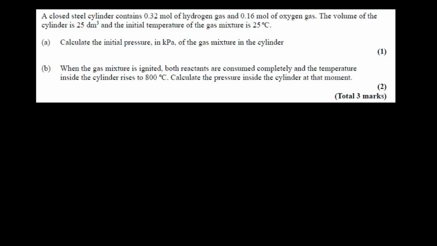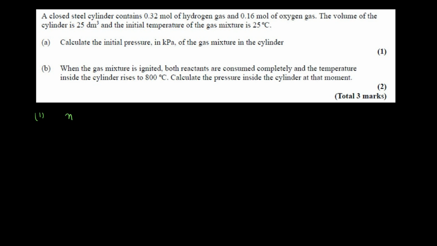So the question is, a closed steel cylinder contains 0.32 mole of hydrogen gas and 0.16 mole of oxygen gas. The volume of the cylinder is 25 dm cube and the initial temperature of the gas mixture is 25 degrees Celsius. Calculate the initial pressure of the gas mixture in the cylinder.